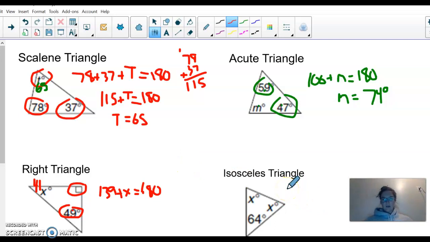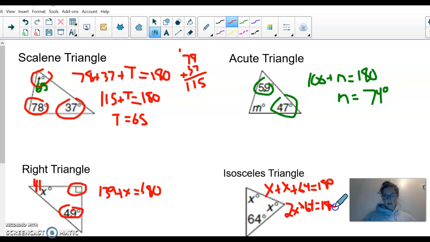So the next one, you have two x's now and 64. So you still have a triangle, it adds up to 180 degrees. So you have x plus x plus 64 is equal to 180. So you have 2x plus 64 is equal to 180. So you subtract 64 from 180.